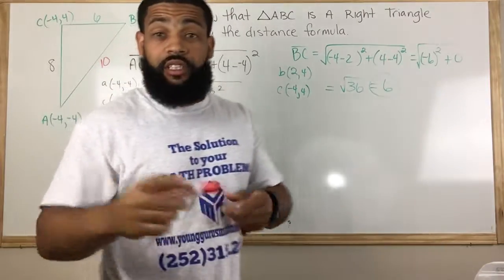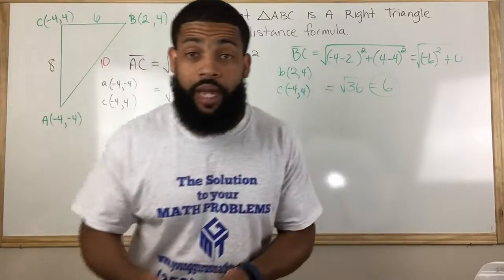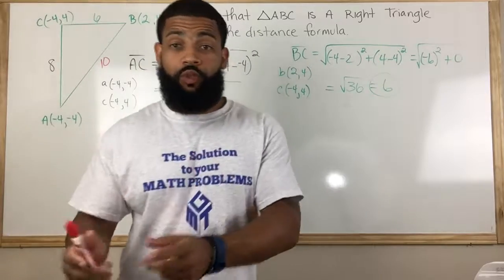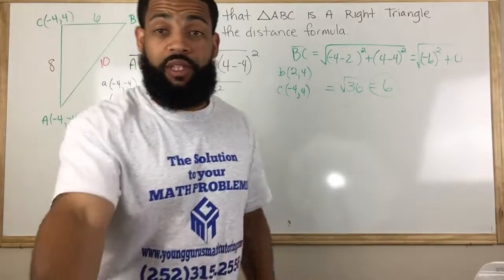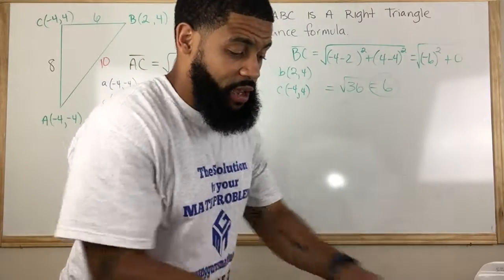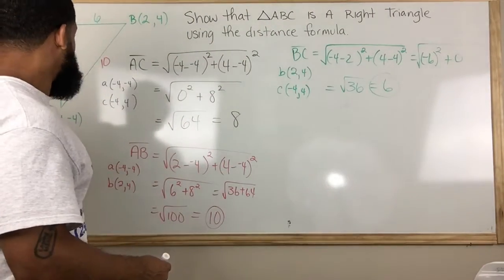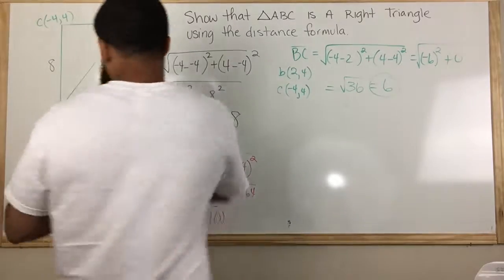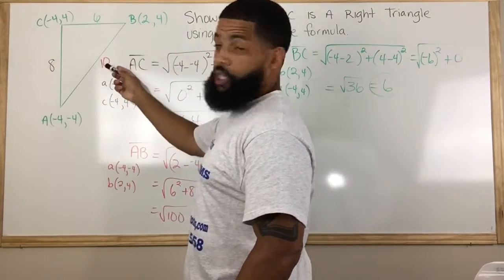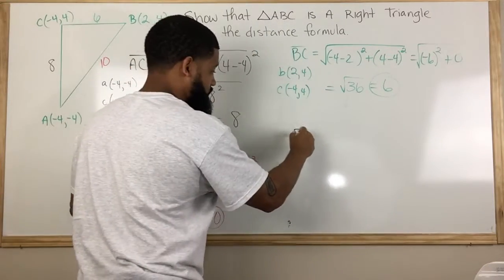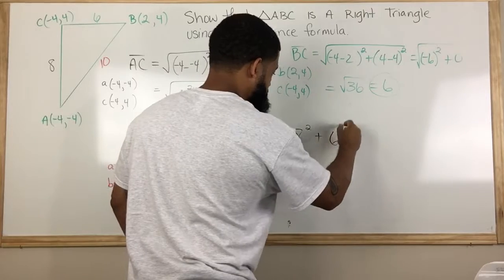Now, we have the lengths of the 3 sides of the triangle, but we don't actually know whether this is a right triangle yet. So we have to use another concept and apply the Pythagorean theorem, which tells us that if we square the legs of this triangle, so if we square this side right here and this side, it should be equal to the square of the hypotenuse. All right, so basically what we have is 8 squared plus 6 squared.